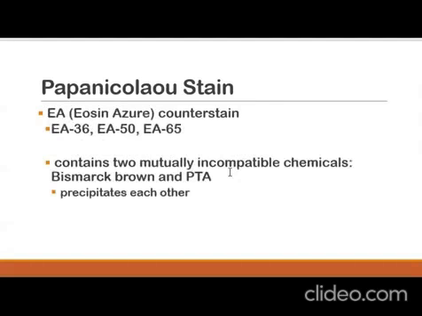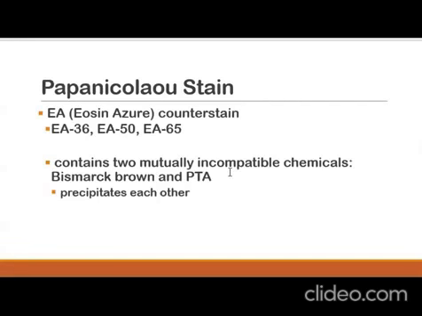Then the third one is the eosin azure counterstain, or your EA. We have what we call EA36, and you also have EA50 and EA65. As you can see, the number is the only thing that differs here. Those numbers, 36, 50, 65, just denote the proportion of the dyes under your eosin azure.